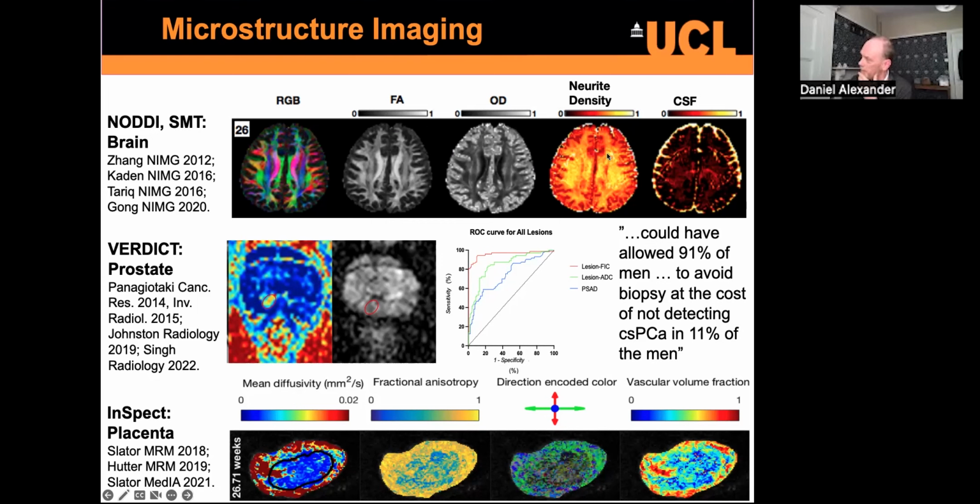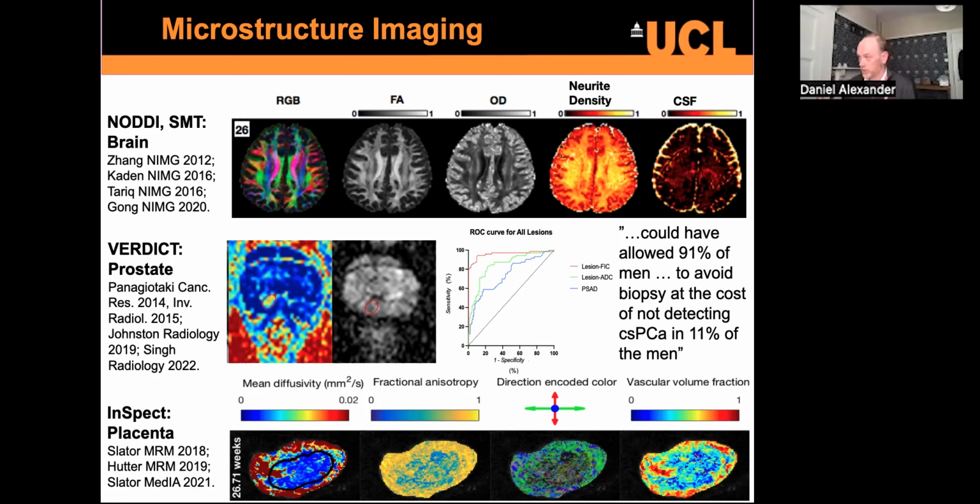This map is the density of brain fibers, making an actual measurement of that over each voxel of the brain. Similarly, this is a map of orientation dispersion. There can be millions of these fibers within each image voxel, and this map shows in each voxel a measure of how dispersed the orientations of those fibers are.